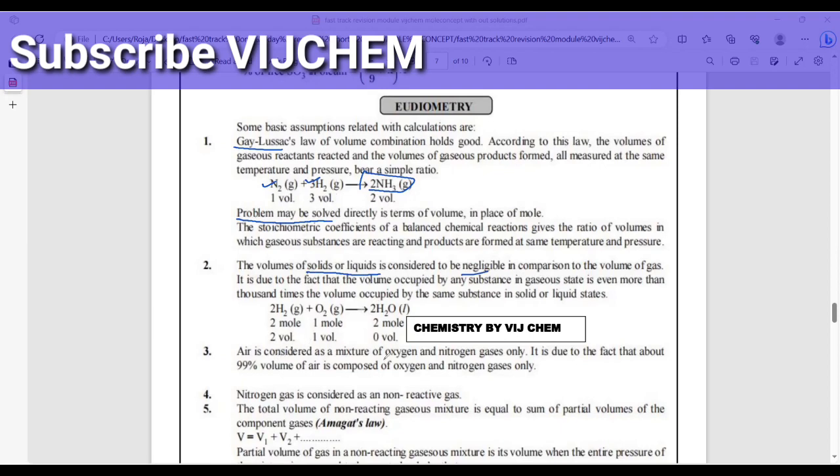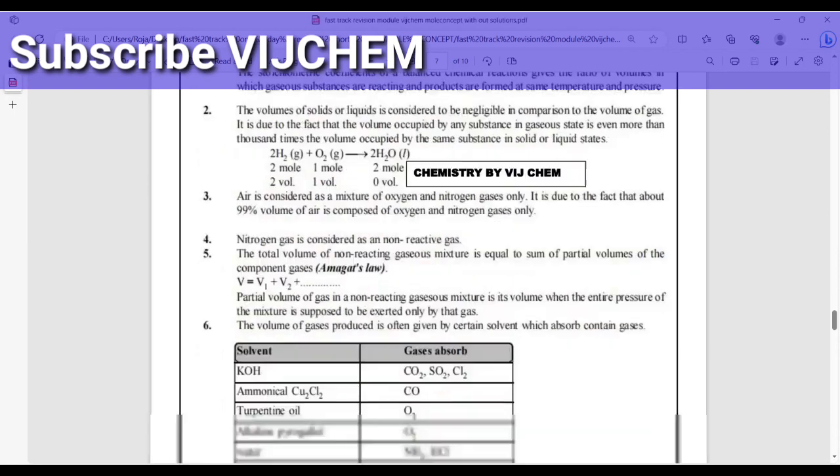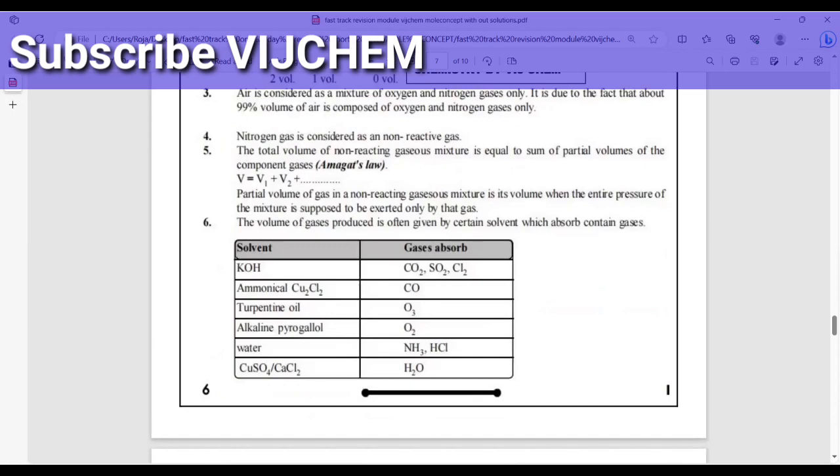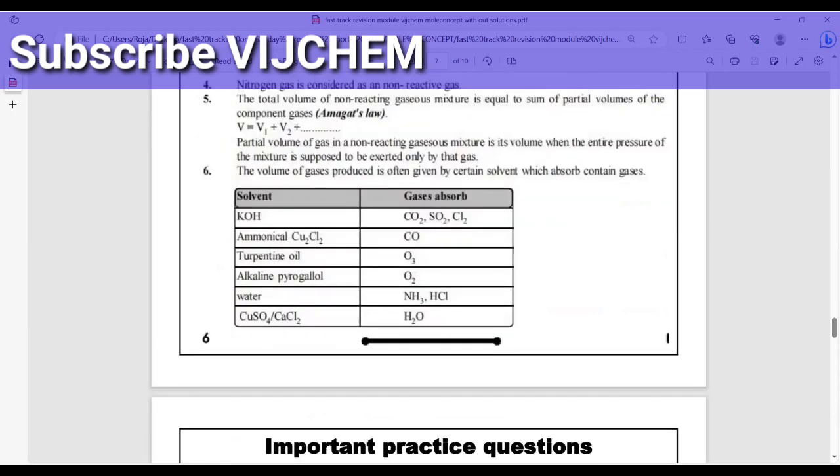Air is considered a mixture of oxygen and nitrogen, so normally we take 20% oxygen and 80% nitrogen for easy calculation. Nitrogen should always be treated as a non-reactive gas. There are some cases like lithium and magnesium that react, but in normal eudiometry questions, we take it as 0 only.